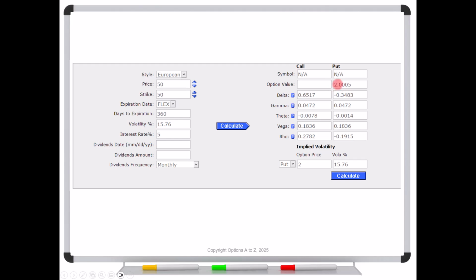So given the fact that the put is 2 and that we have 1 year to expiration, and we've got this volatility, stock at 50, and a 50 strike, what do you suppose that call option is worth? What is the Black-Scholes model going to tell us that it's worth? Well, there it is, $4.38. Exactly what we calculated.